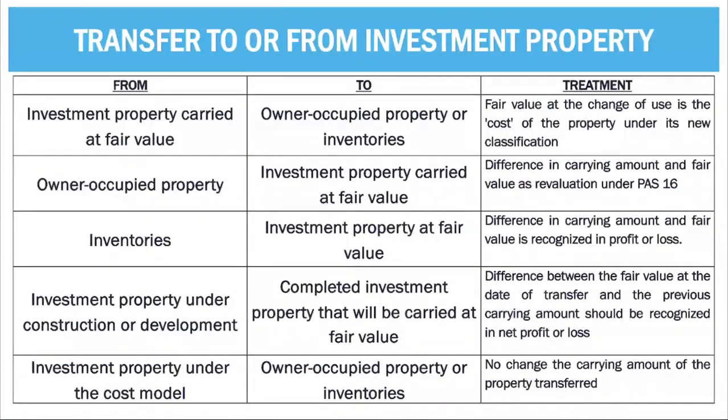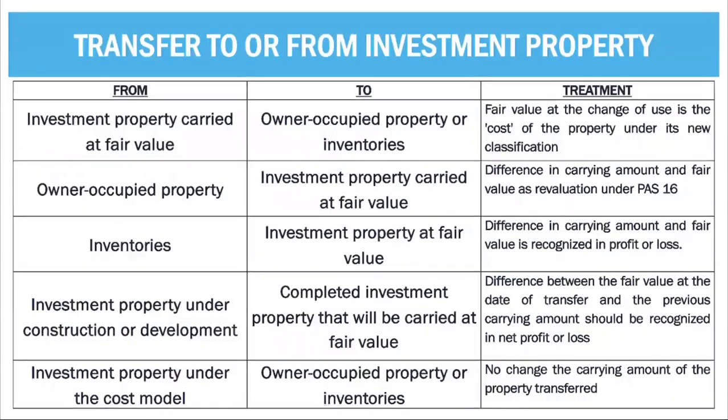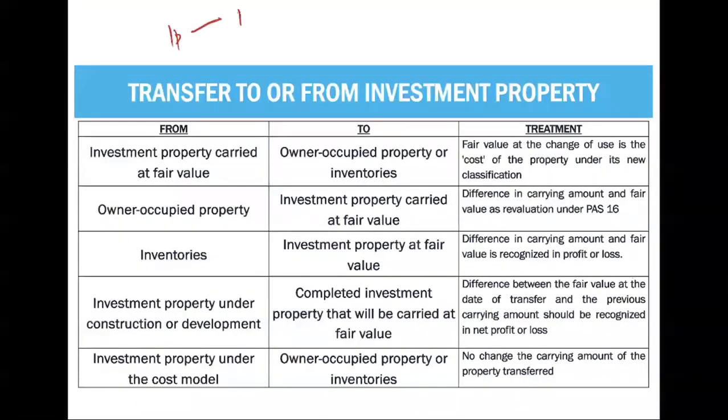Last topic for investment property: transfers to or from investment property. In short, that is either from investment property to PAS 16 or to PAS 2, which is inventory, or from PPE or inventory going to investment property. As you can see, this is number one: from investment property to PPE.